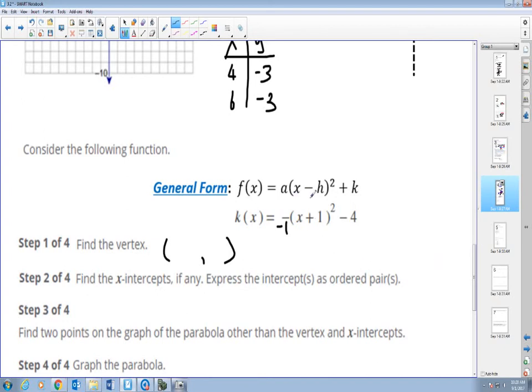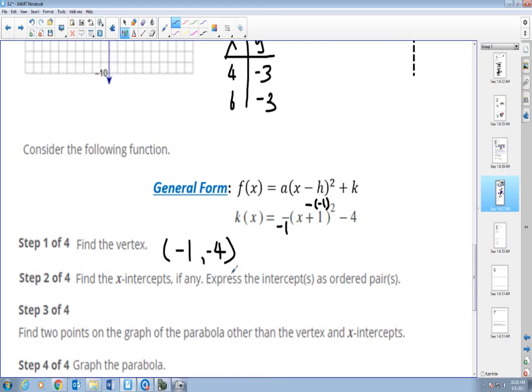The formula called for subtraction, but this is a plus sign. Why is this a plus sign when it's supposed to be a subtraction sign here? Well, it's a plus sign because I am subtracting a -1. So that means my h is actually -1. That's why a lot of times students say h is the opposite sign. K is the same sign. So that'll be -4. All right, that's my vertex.